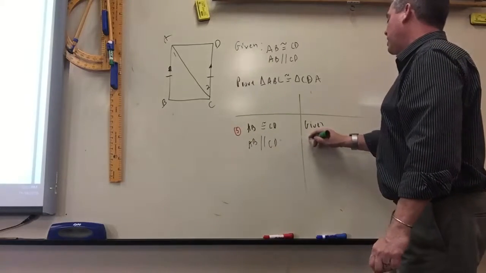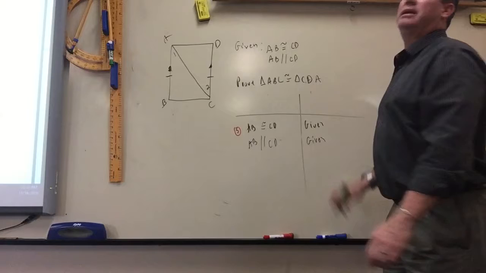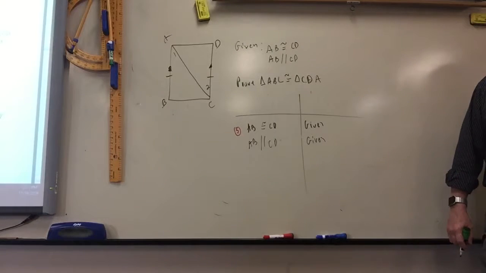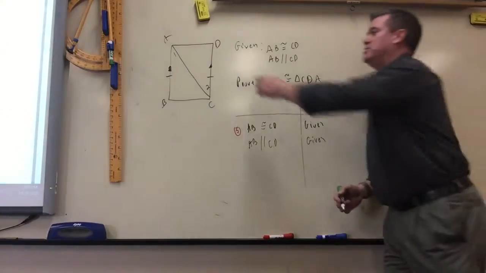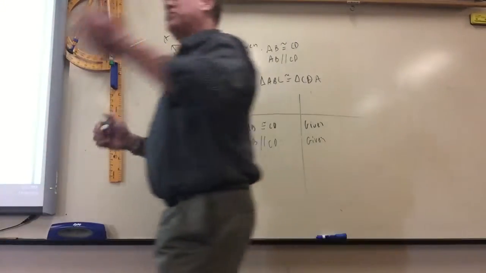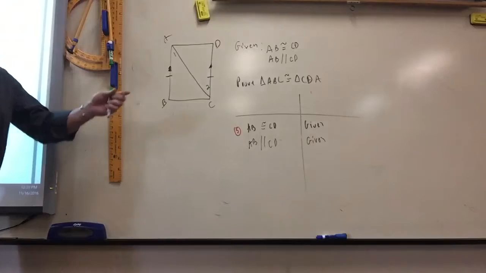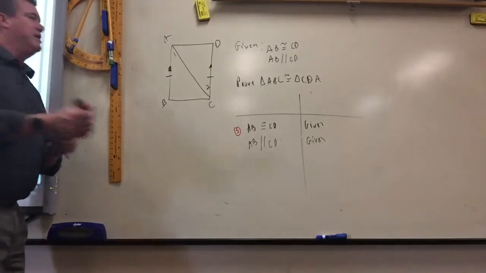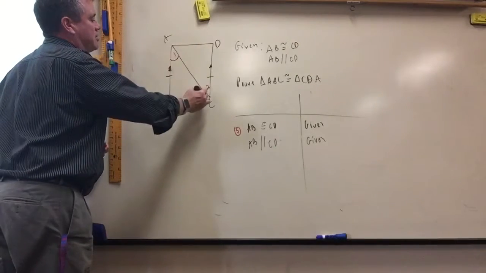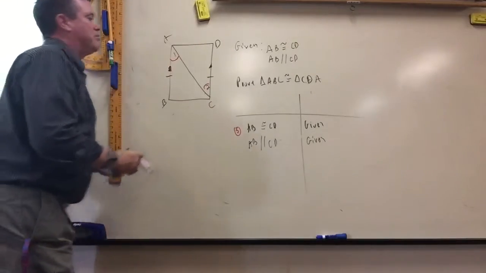doesn't give us a side or an angle, but it does give us some information that we can figure out a side or angle. What do we know since these two lines are parallel? Alternate interior angles. Almost every time in these pictures, parallel lines are going to give you alternate interior angles. And they were nice enough to put a 1 and a 2 in there for you.